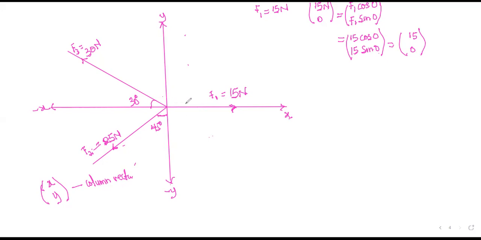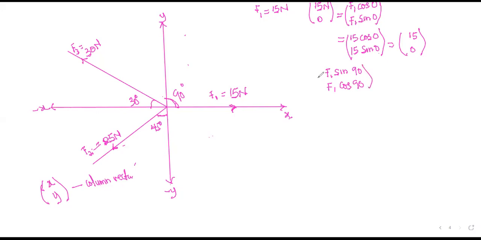And if you use the angle F1 makes with the y-axis, the angle in question is 90 degrees. Do not forget that if you want to use the angle it makes with the y, the order of the column becomes F1 sine of the angle 90, then F1 cos of the angle 90.